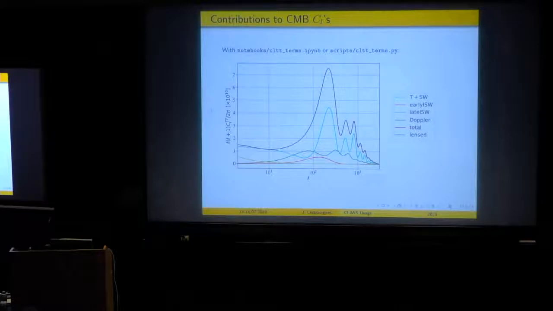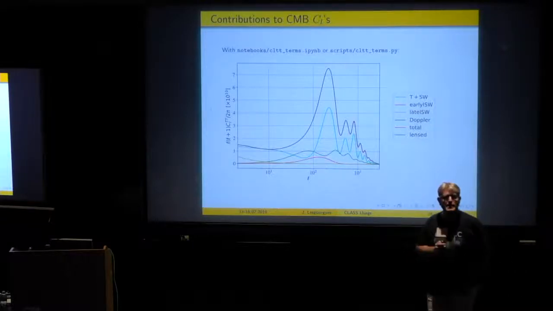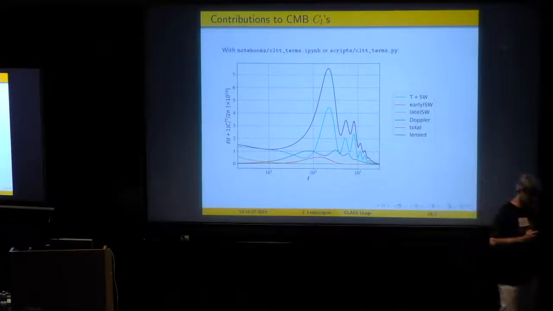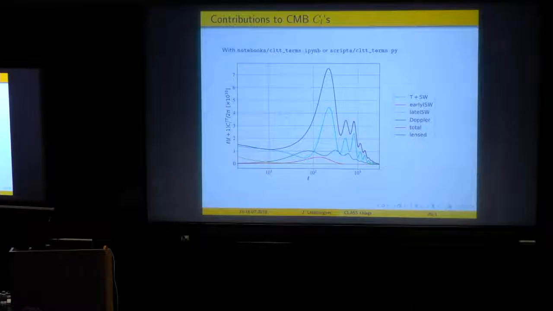Okay, so it can be interesting to show a plot like this because maybe you are going to publish a paper on a new cosmological model which has an impact on the CLs, but you are not completely sure if this impact will be at the level, for instance, of the late integrated Sachs-Wolfe because it's a dark energy model, or at the level of the intrinsic temperature. You are not sure yourself.